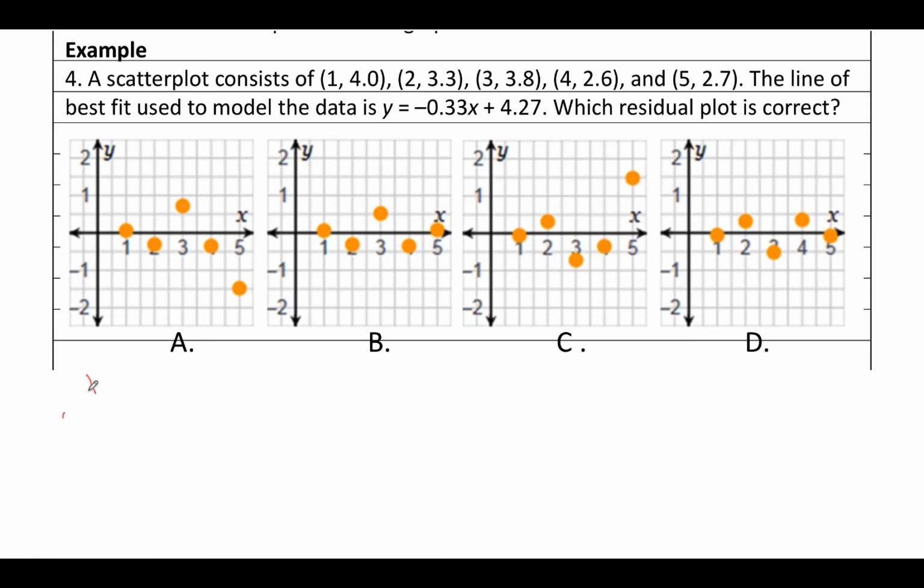So I'm going to have my x, my y, and then this is going to be my predicted, and then my residual. Our x starts with 1, 2, 3, 4, 5.